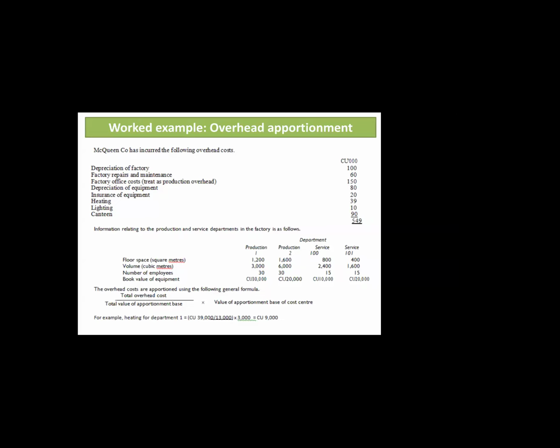First of all, we have to calculate the total floor area of the company. Total floor area of the company is 4,000 square meters. Then we have to calculate the per square meter cost, 2.5. So floor area of production 1 is 1,200, into 2.5, the cost allocated is 3,000.